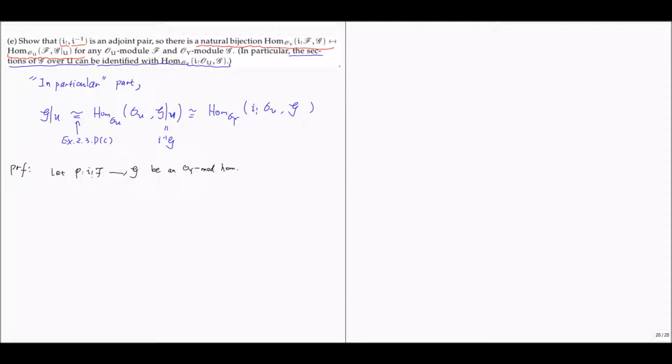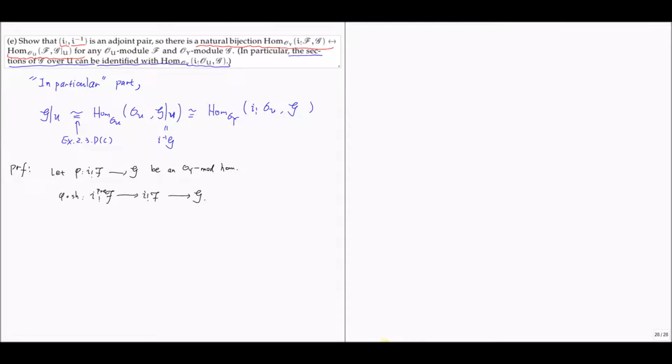Let phi be an OY module Hom from I shriek of F to G. And we compose phi with the sheafification, and we get the map from the I shriek pre of F to G. And now we take the restriction of this map and those objects to the open subset U. Since F is a sheaf over U, and this is the extension of F by 0, after restricting this back to U, we get back script F. And this map is what we want here.